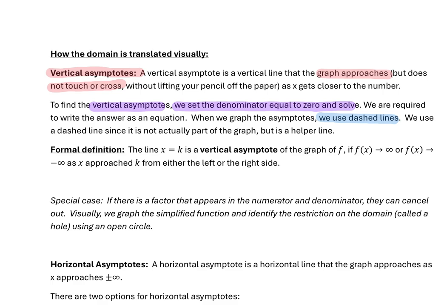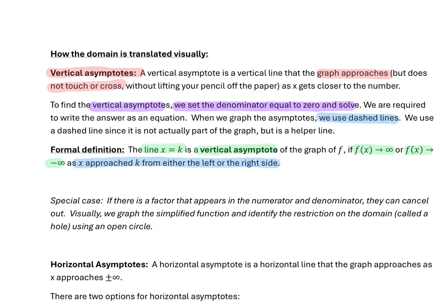All right, so let's talk about the formal definition. And again, I'm not going to put a lot of emphasis on this. The line x equals k is a vertical asymptote of the graph if f of x tends towards positive infinity or f of x tends towards negative infinity as x approaches k from either the left or the right side.